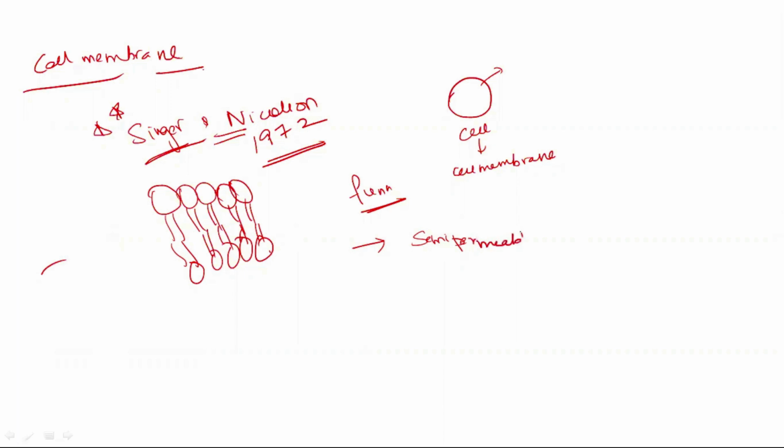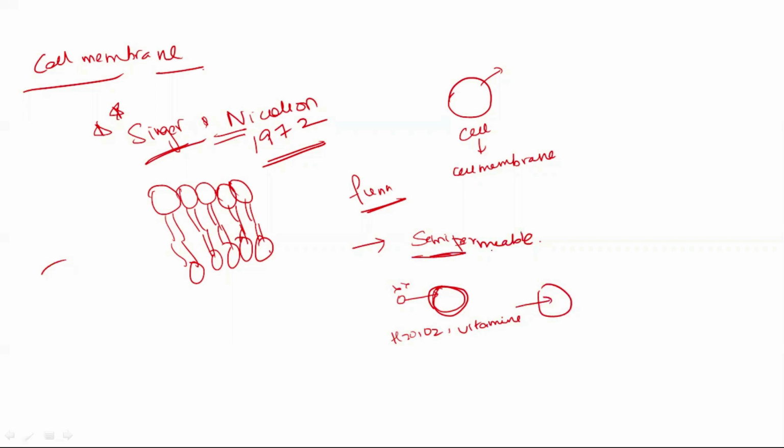Suppose this is a cell and this is the cell membrane. If there is a deadly substance that wants to enter, it does not allow that to come inside. But if it is water, oxygen, vitamins, all the things that are needed, it will allow them to come inside.